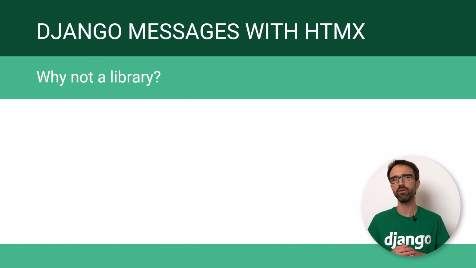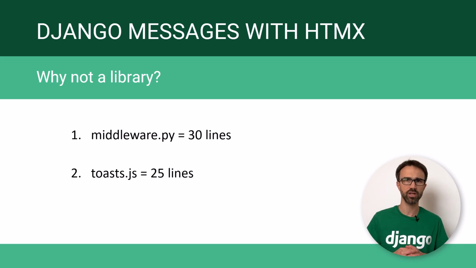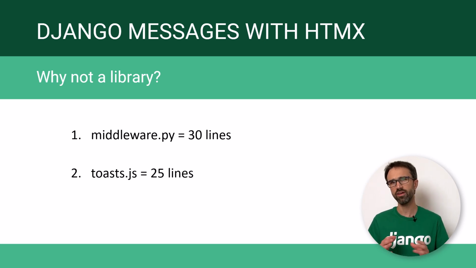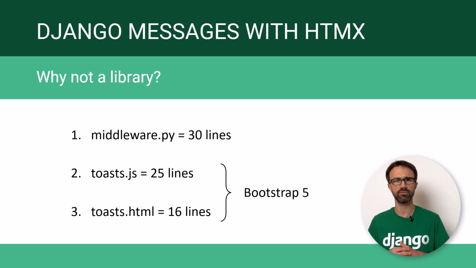You might be wondering, why is this not part of a library? And let me tell you what I think about that. This solution revolves around 3 files. The middleware, which is about 30 lines long, the JavaScript file, about 25 lines, and the template, about 15 lines. The problem is that toast.js and toast.html are strongly dependent on the CSS framework, which is Bootstrap 5 in this case.